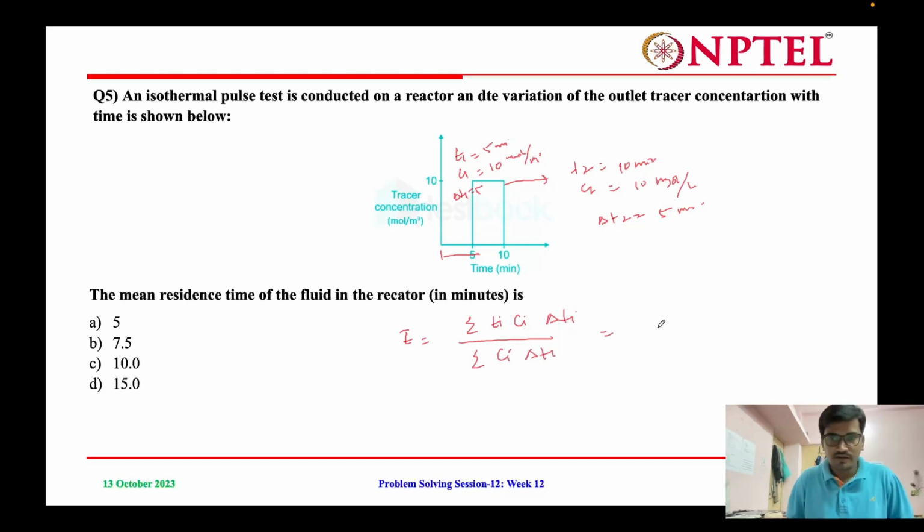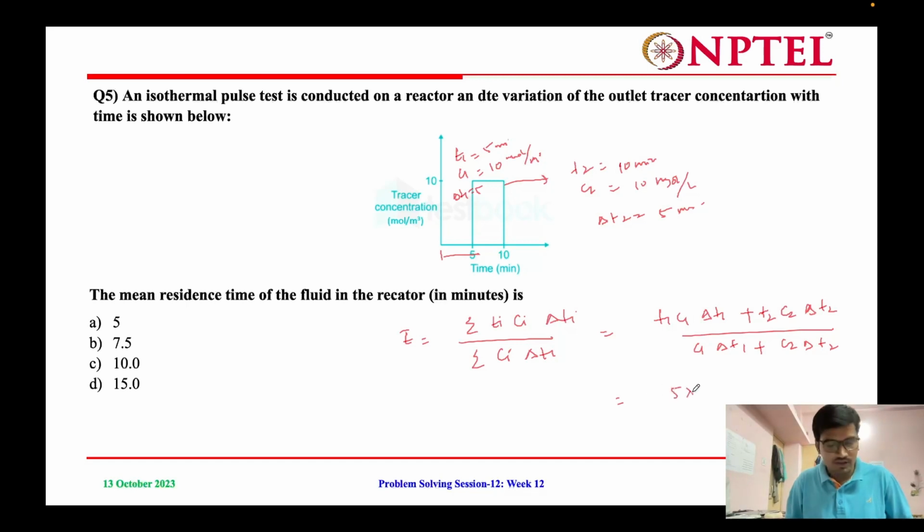That is, T1 C1 delta T1 plus T2 C2 delta T2, divided by C1 delta T1 plus C2 delta T2. So we have all the values, so put them in this equation and calculate the mean residence time.